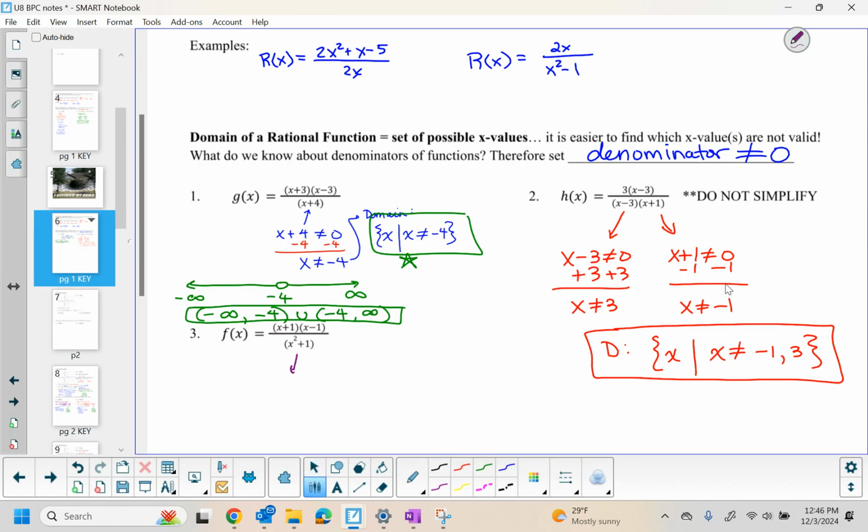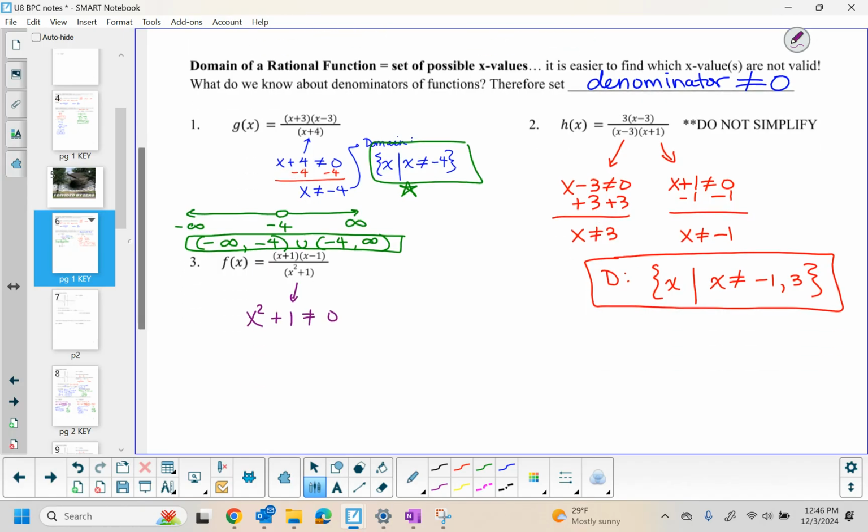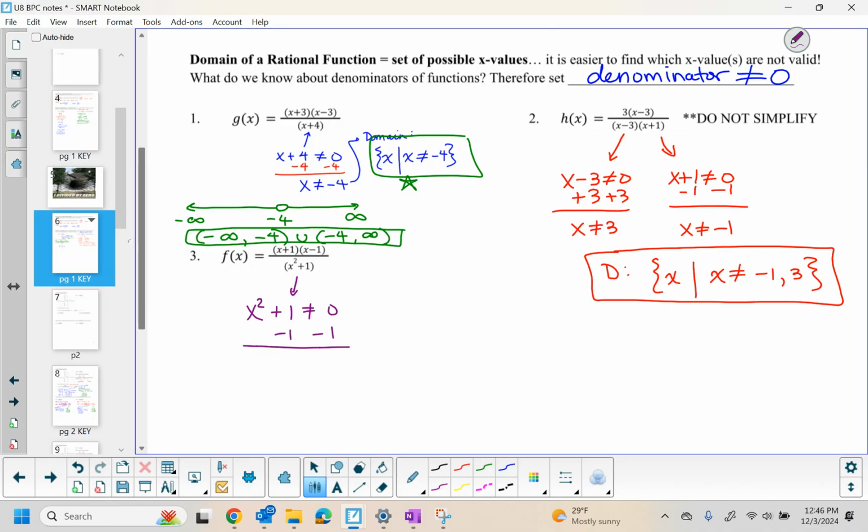For this last one, x² + 1 cannot equal 0. So when I go to solve that, x² cannot equal -1. Well, x² cannot equal -1 anyway.